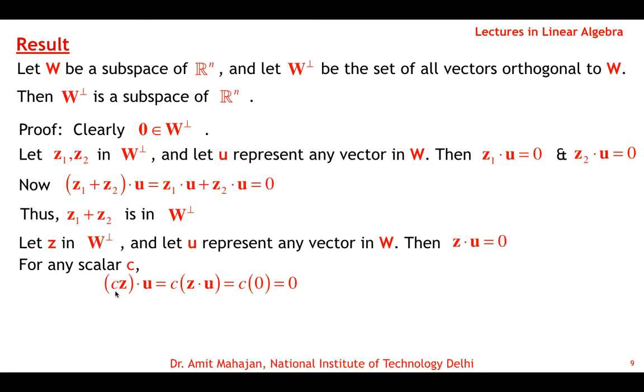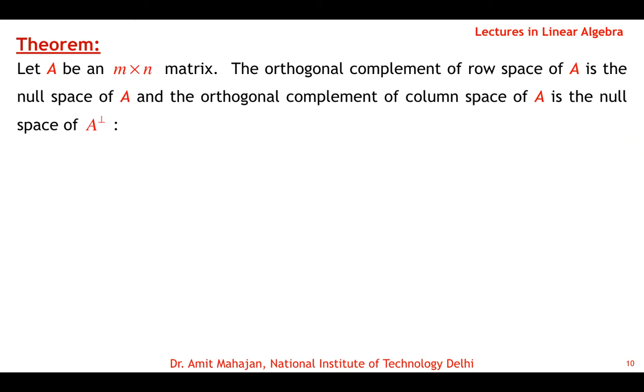So cz dot u being 0 means the cz vector is orthogonal to the u vector. This means that the cz vector belongs to W perpendicular. So all three properties are satisfied, so W perpendicular must be a subspace of Rn. Okay, so this is the result.